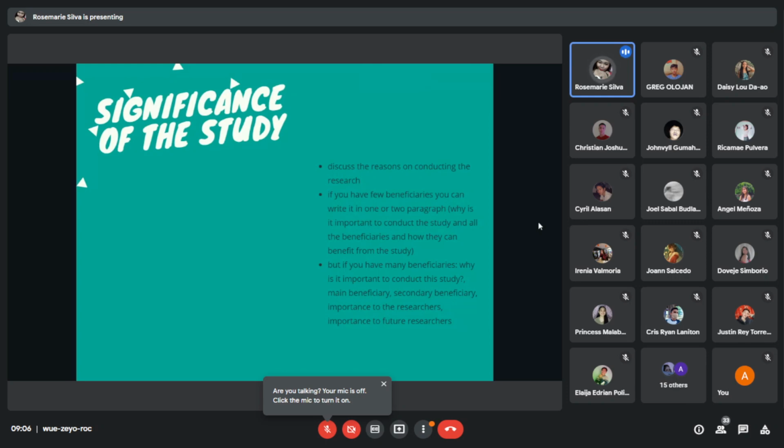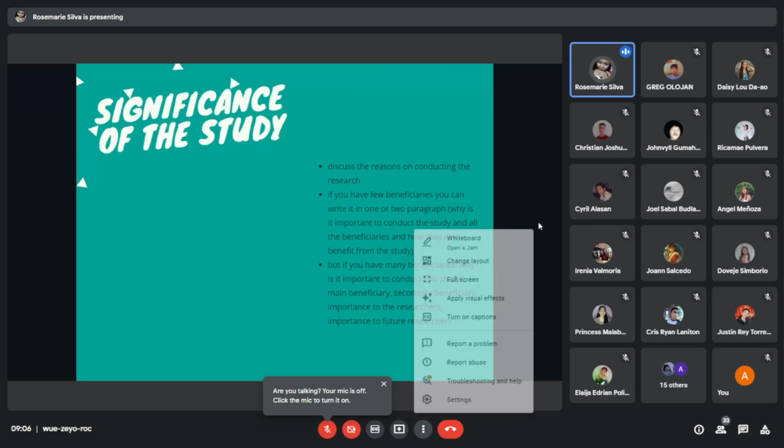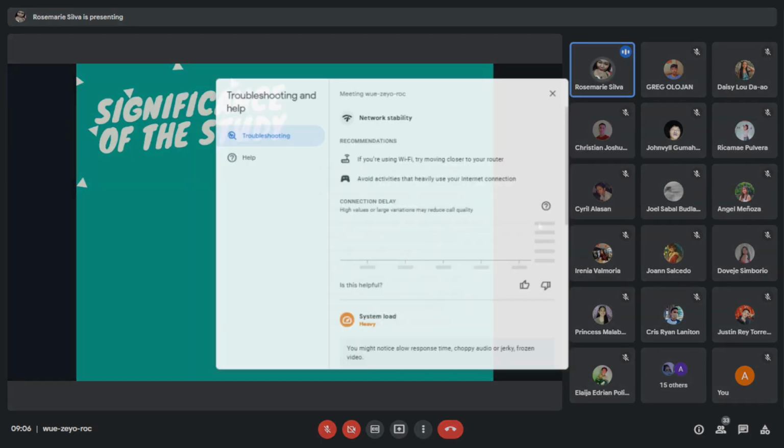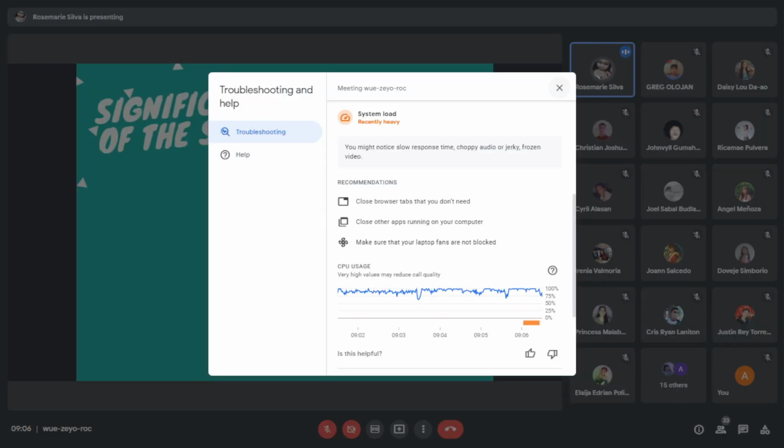If you have few beneficiaries, you can write it in 1 or 2 paragraphs. Pwede ra siya. Ang importante ang inyong research study para sa inyong mga beneficiaries kung unsa ang ilahang benefit nga makuha sa inyong research. Pero if daghan kayo mo beneficiary, mas maayo na siya nga naka-bullet form.